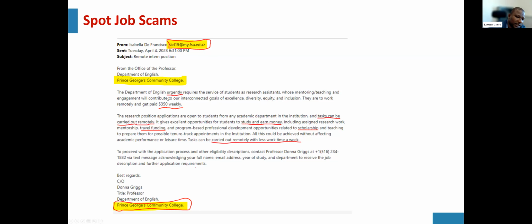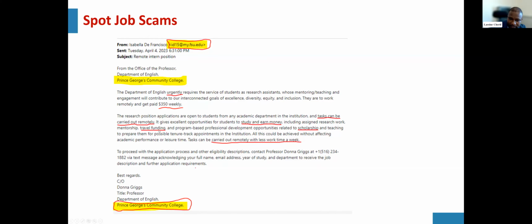So now you can see here, Department of English, urgently, a sense of urgency. They're already emphasizing the money, that you'll be paid $350 per week. Remember I told you that the job usually comes with very attractive conditions. You see here, the task can be carried out remotely. Very good. Study and earn money. Emphasizing money again.